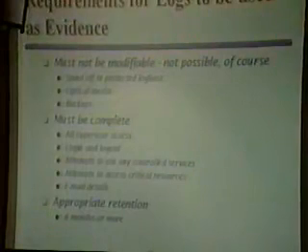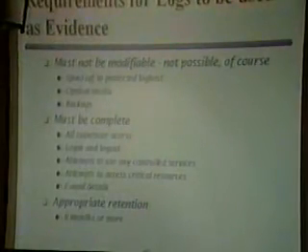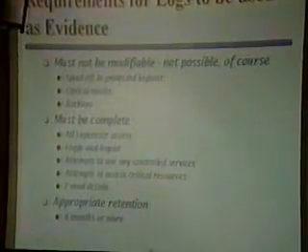The logs need to be complete too, and complete in my mind is we have to cover all super user access, login and log out times, attempt to use controlled services, that's an NT thing, attempt to access critical resources, and I like to cover email details as well. That makes big logs. And there are organizations who do not want to log email details because they don't want them to be subject to discovery.